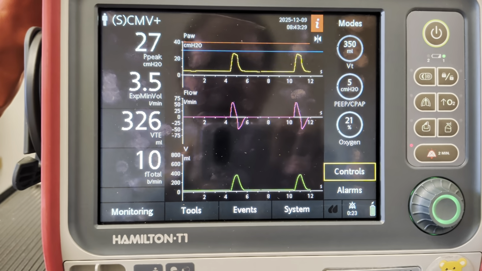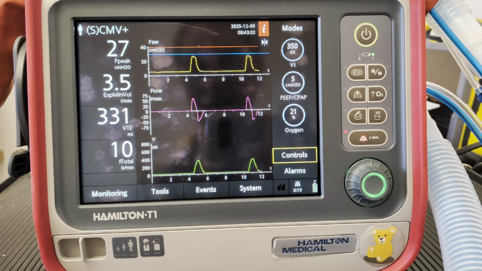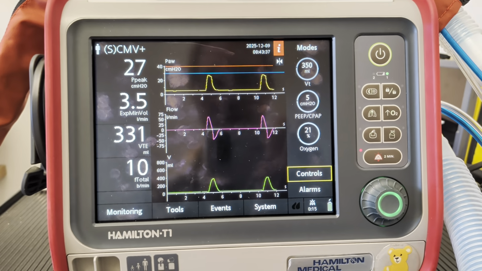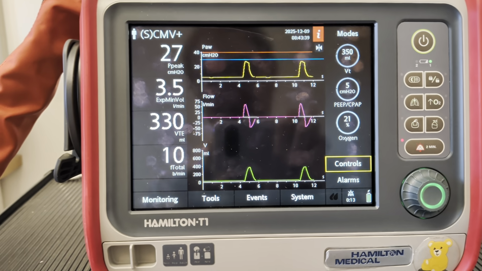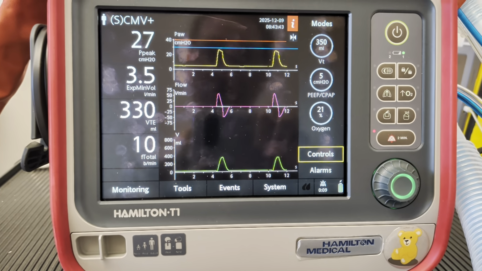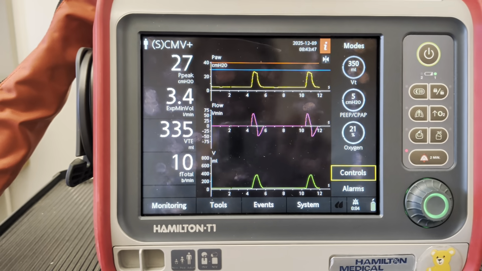Because remember, exhalation is mainly passive, not only in spontaneous breathing without an artificial airway, but certainly on a ventilator. And you now are providing positive pressure, and you have flipped that patient's underlying physiology 180 degrees essentially.